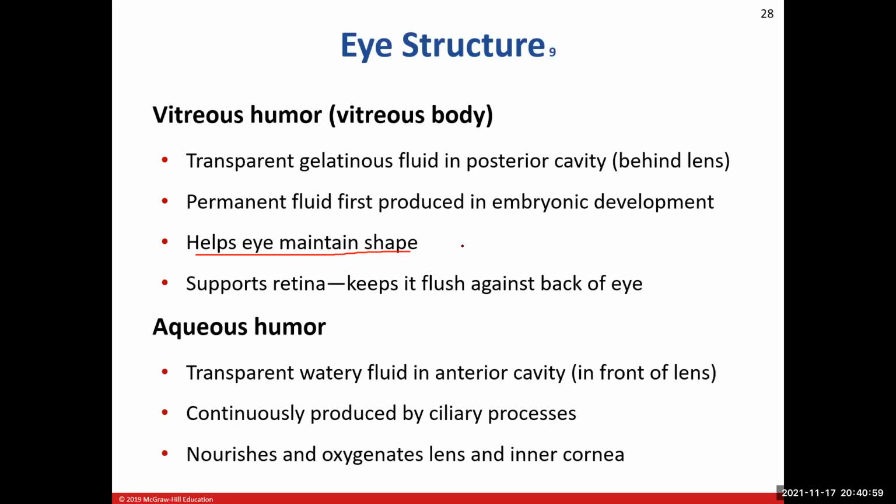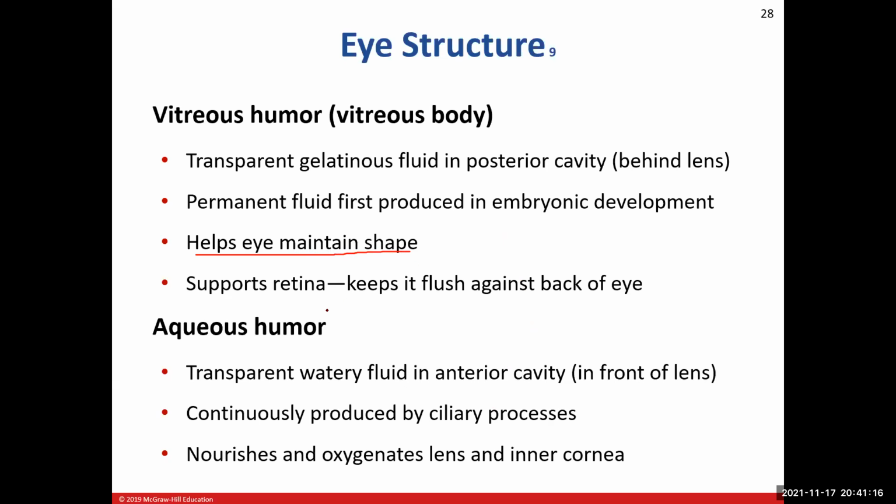You've heard of a detached retina. That's quite unfortunate. Well, the vitreous humor helps to prevent that. In addition to helping keep the shape of the eye, it helps keep the retina flush against the other tunics there.